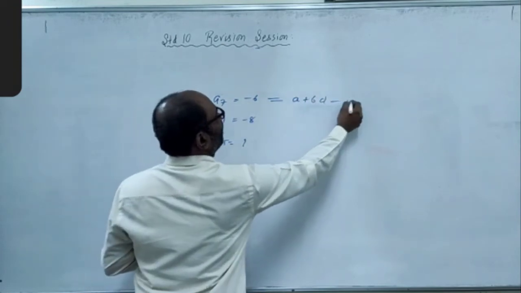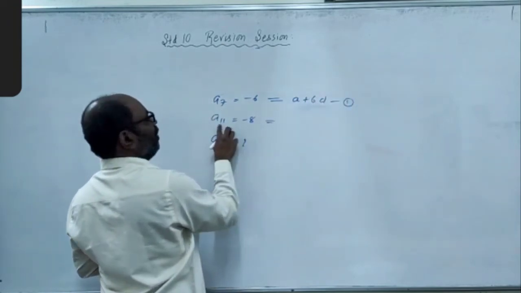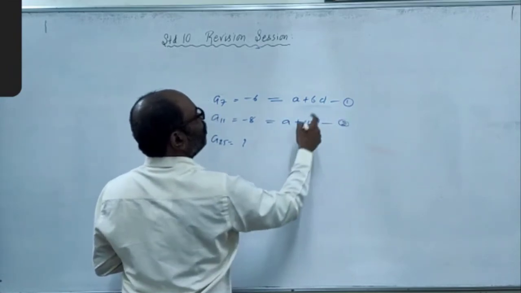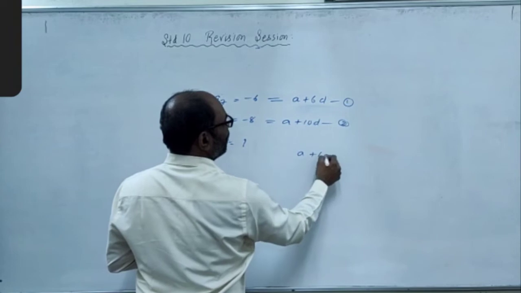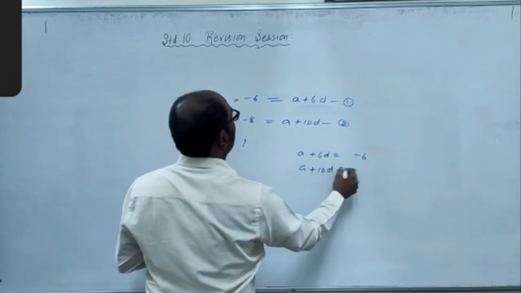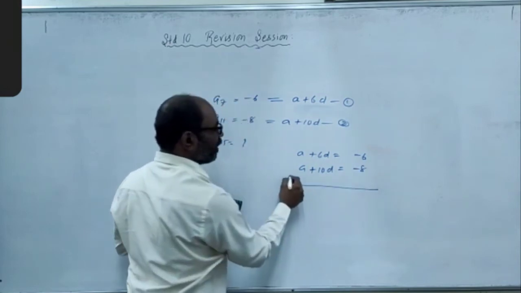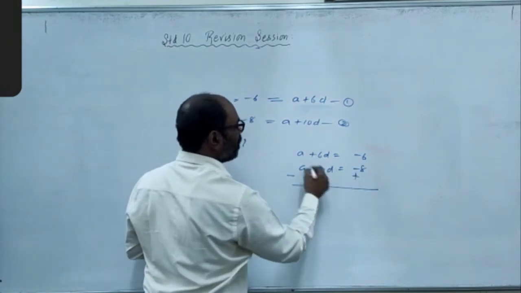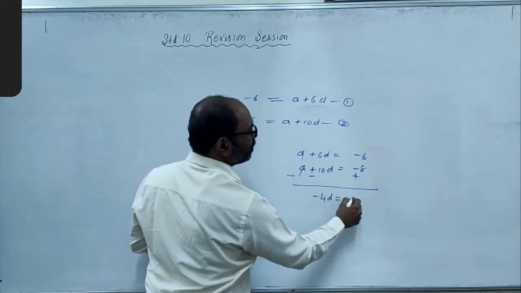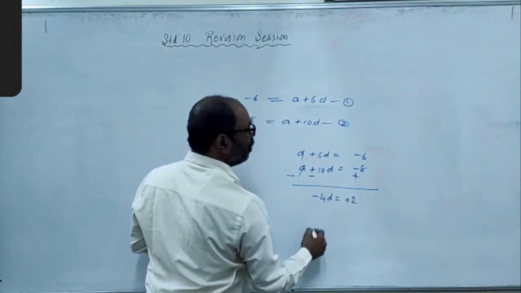The 7th term is a plus 6d. Call it result number 1. The 11th term is a plus 10d, result number 2. So a plus 6d is equal to minus 6 and a plus 10d is equal to minus 8. Subtract. a cancels. Minus 4d is minus, in fact plus 2.